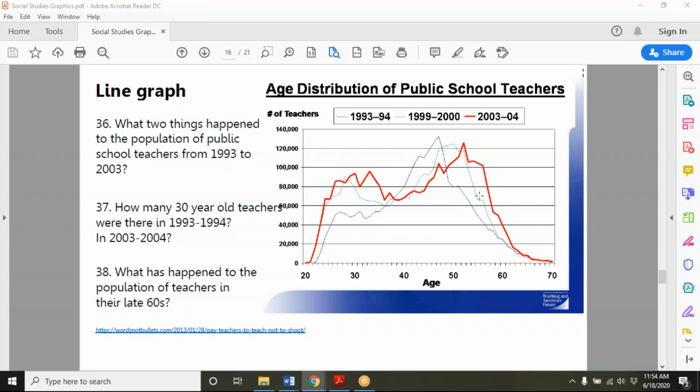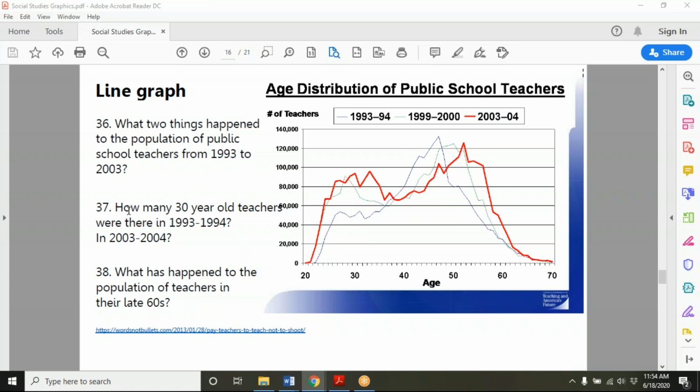So there's more older teachers, but there's also more younger teachers. Pick an age, draw a line straight up. The red line is much higher than the blue line. There's more 25-year-olds, 26-year-olds, 27-year-olds, 30-year-olds.